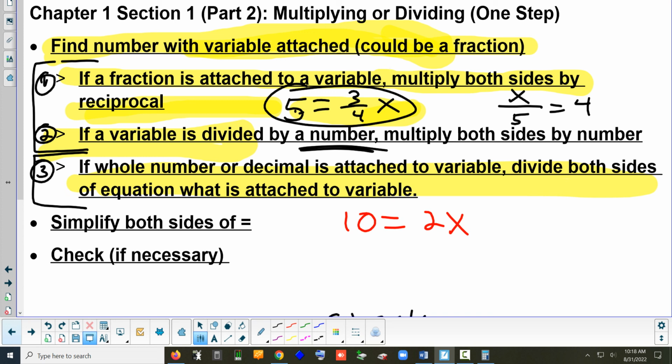That's a case where you have a whole number attached to the variable. That's not a fraction. Or maybe you have something like this. 18 equals 3.6x. Both of those cases would involve division. And what you divide by is what is attached to the variable. So you end up dividing both sides by the number attached to the variable.